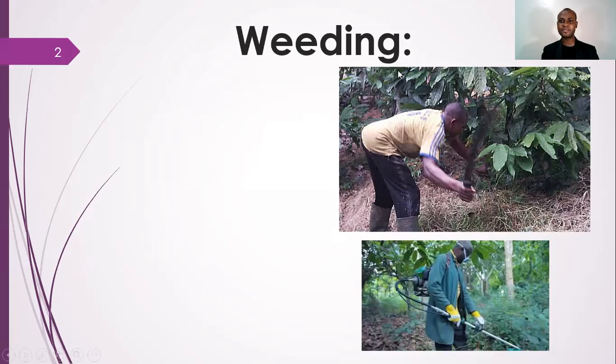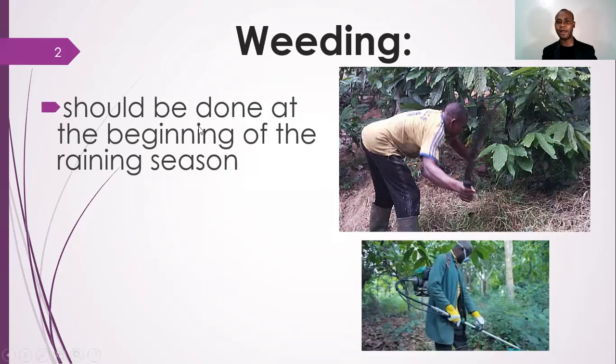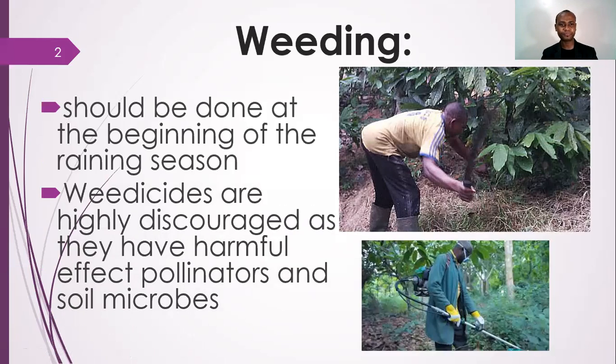So the first thing we are going to talk about is weeding the farm. Weeding should be done at the beginning of the raining season. Weedicides are highly discouraged as they are harmful to the pollinators and the soil microbes.